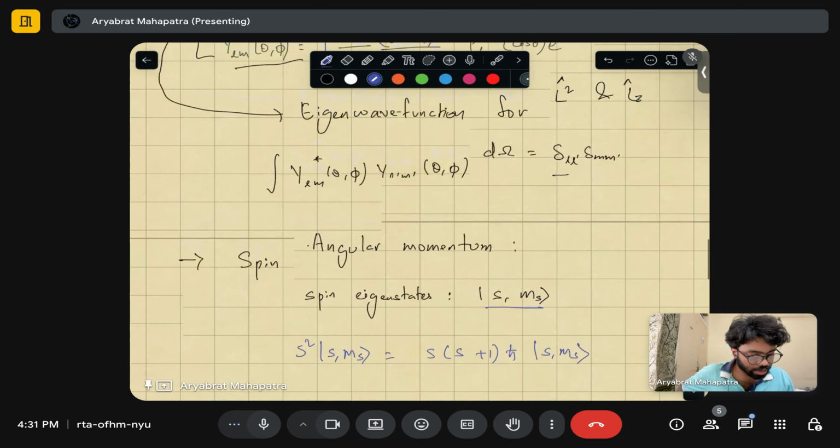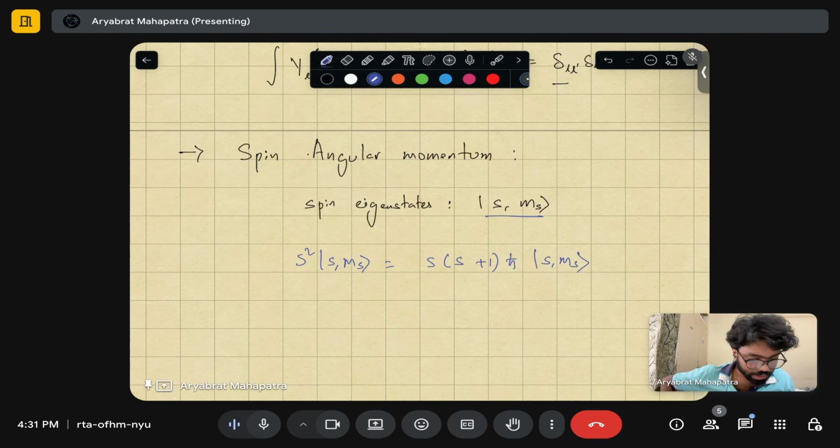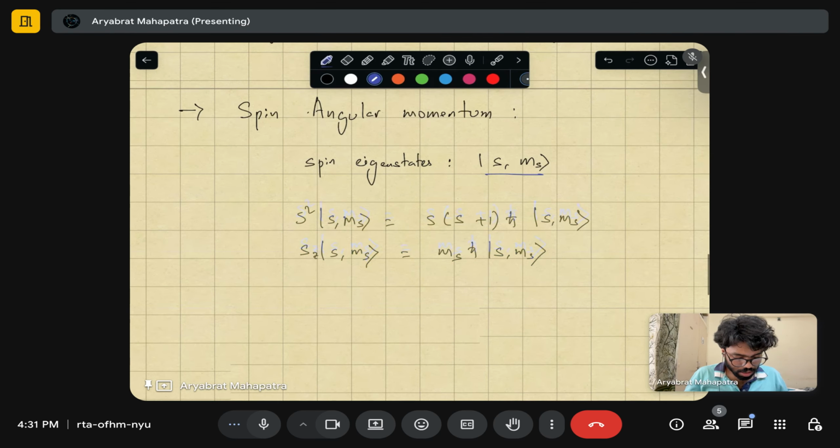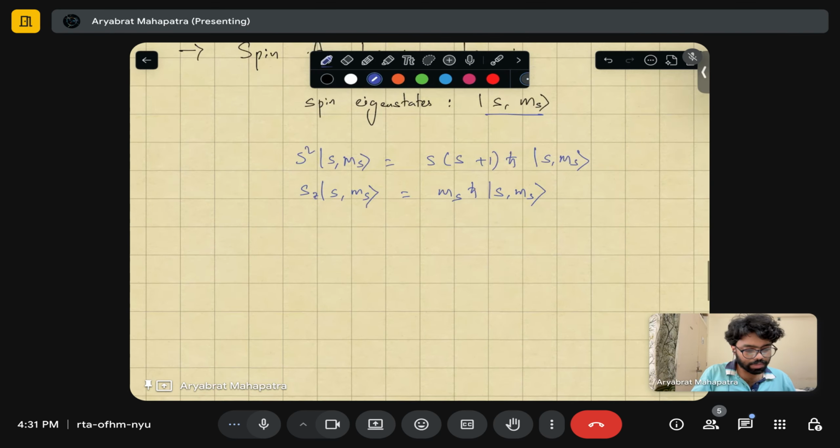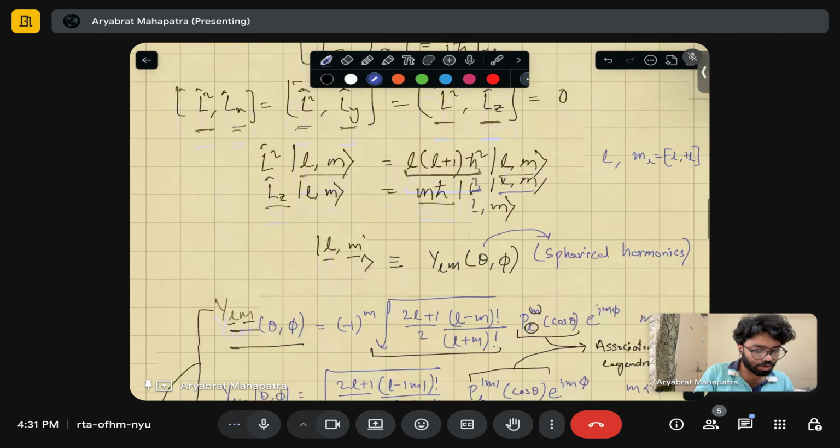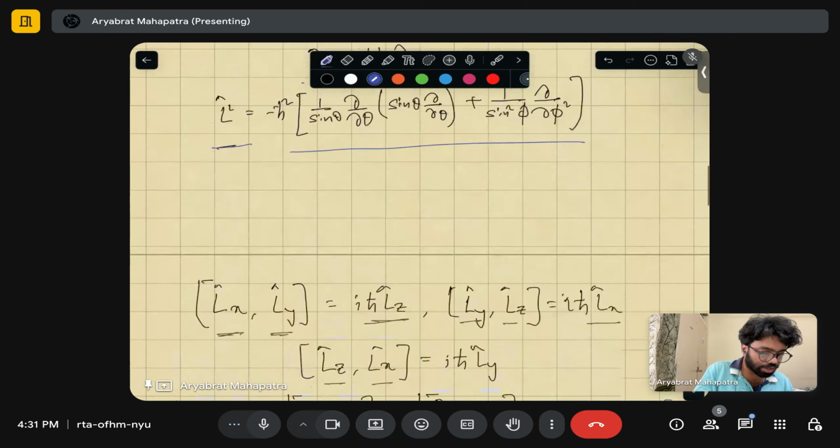Just like that, here also the same thing: for every S, your MS value will go from minus S to S. There is also an SZ operator whose eigenstates are also |S, MS>. If you operate this one, you will get MS ħ |S, MS>. Right, so these are a few things. If you keep this in your mind, then we can try to solve some questions.